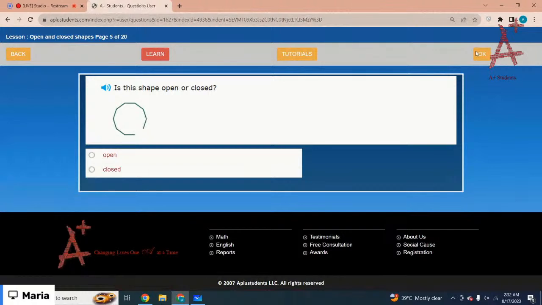Is this shape open or closed? If you trace the shape, you start and end at different points, so that is open.